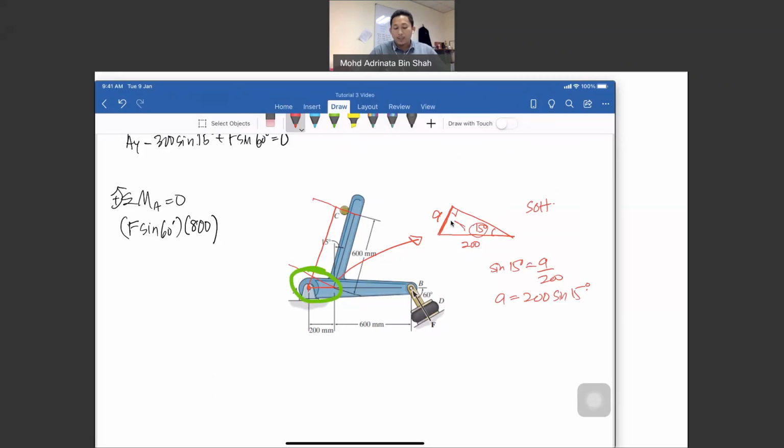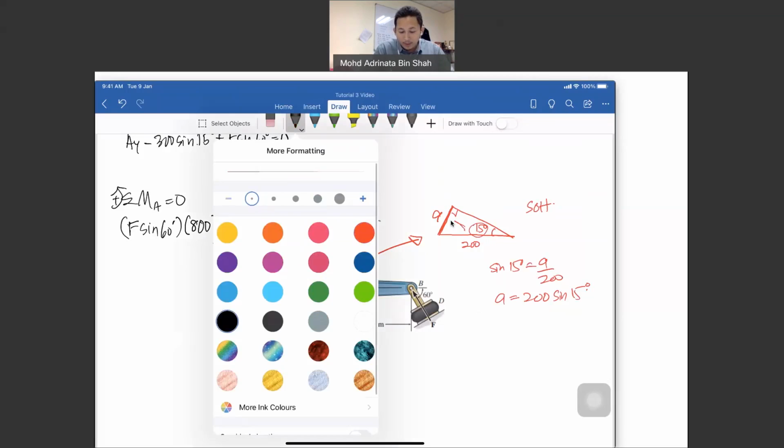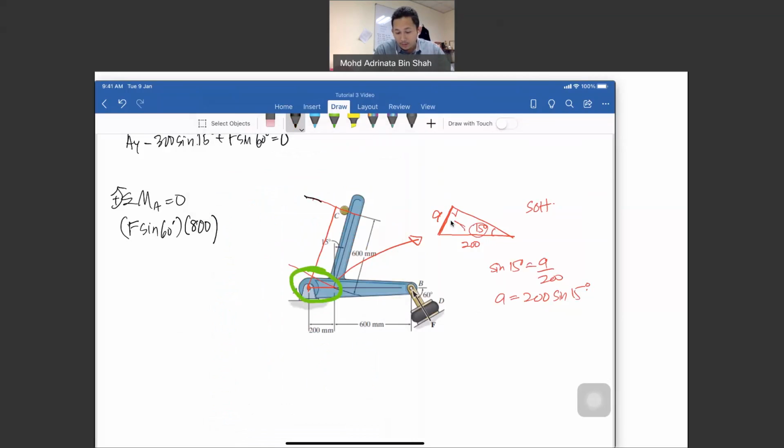But the distance for our 300 Newton is this 600 plus 200 sine 15. And it rotates in the clockwise direction.